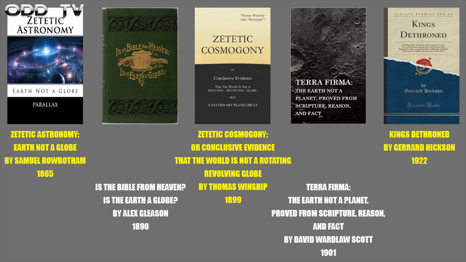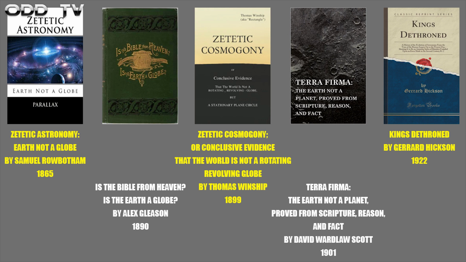The Earth is provably flat and motionless. You can find several well-written books with amazing insight on why the heliocentric theory is false and why the static plane is the truth, and these books kept coming well into the 1900s. We have Zetetic Astronomy from 1865, Is the Bible from Heaven? Is the Earth a Globe?